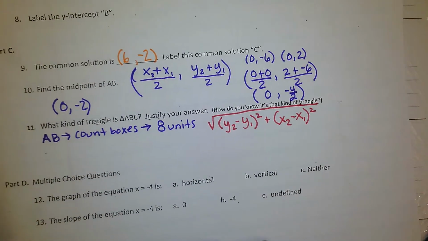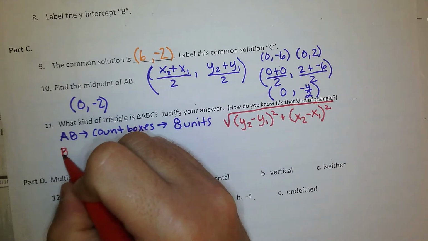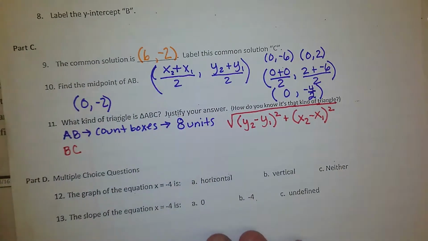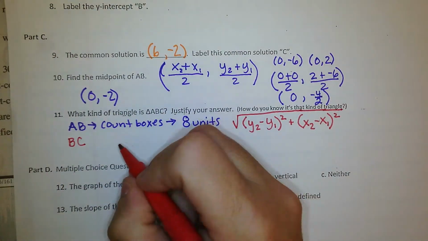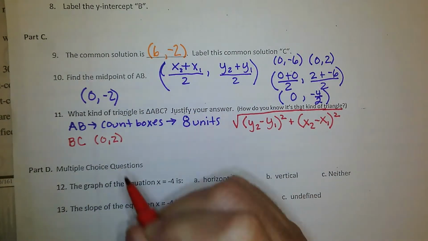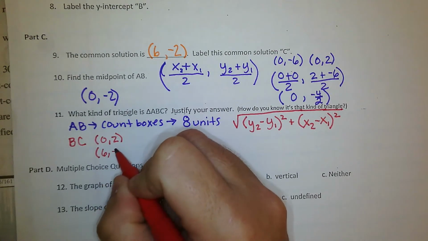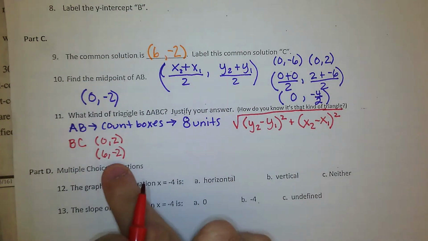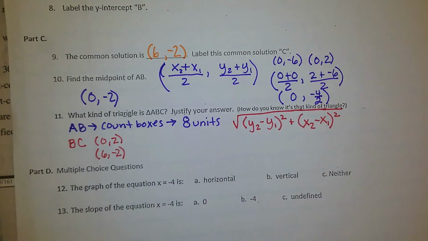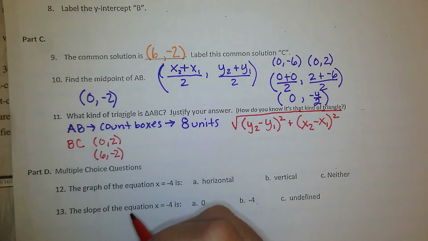Okay? So B's coordinate is, I'm going to do BC. B's coordinate is 0, 2. And C's coordinate is 6, -2. And we're going to see if this is actually going to be equal to 8 when we're done. So let's plug into our formula and see what we get.